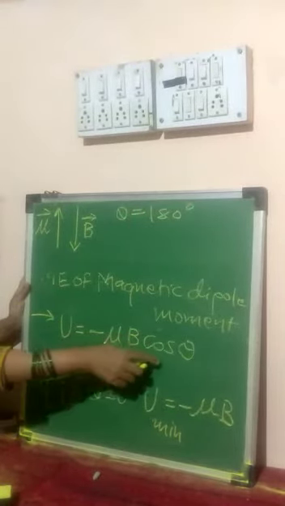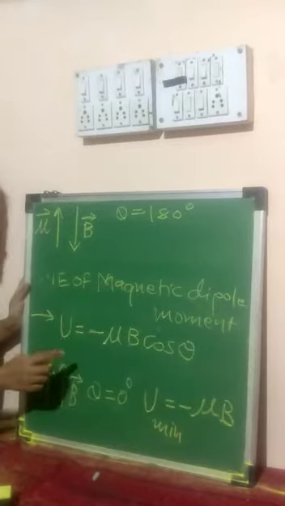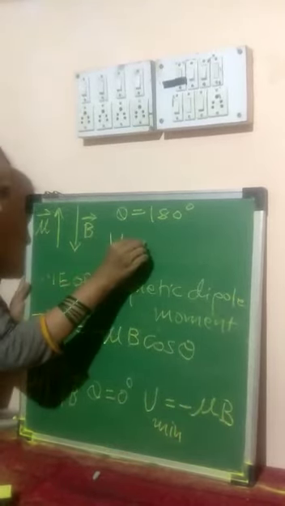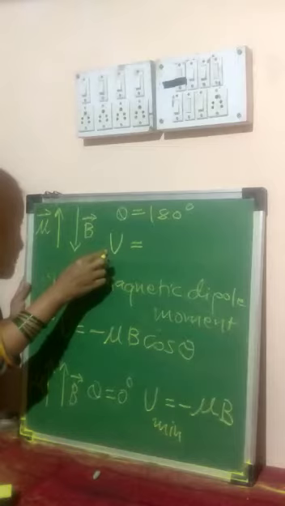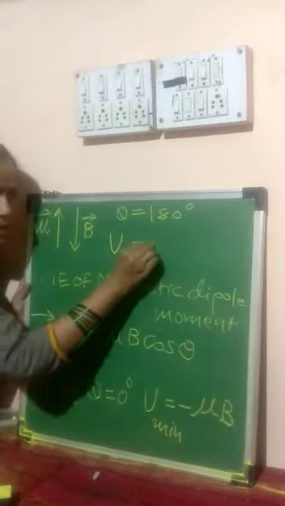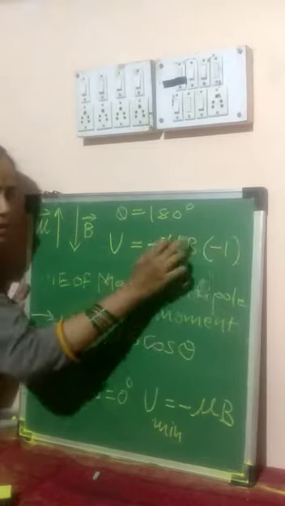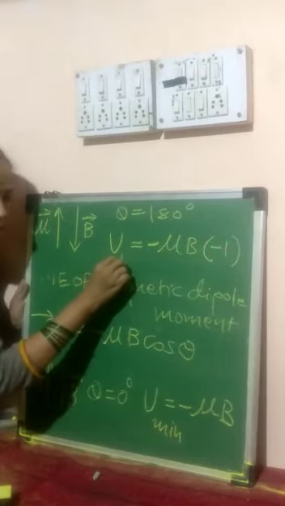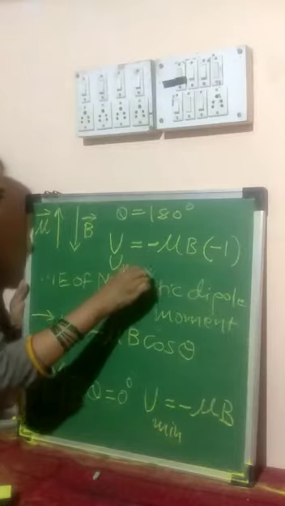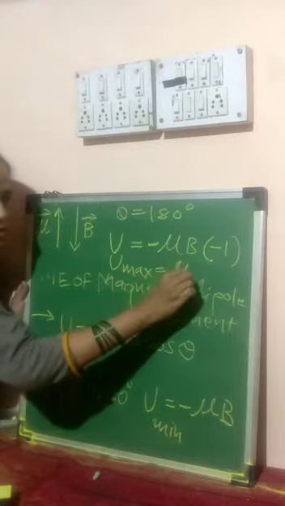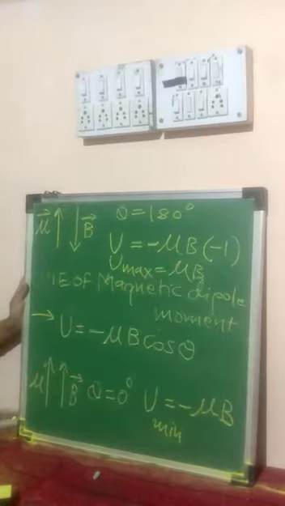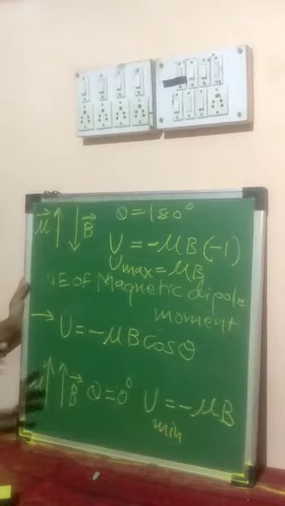In that case, cos of 180 is minus 1, and the magnetic energy becomes minus mu B into minus 1. Minus minus becomes plus. So the magnetic energy becomes maximum, which is equal to mu B. So this is about the magnetic energy.